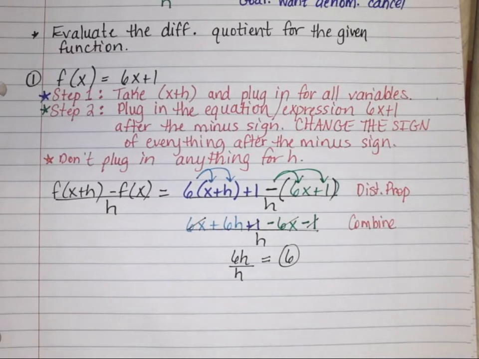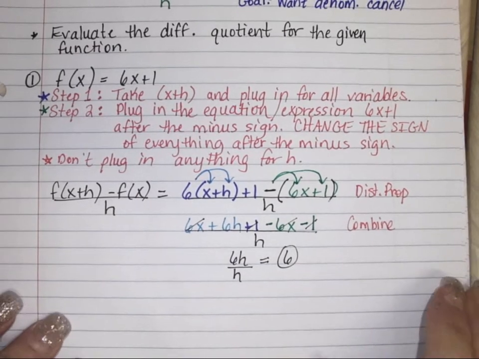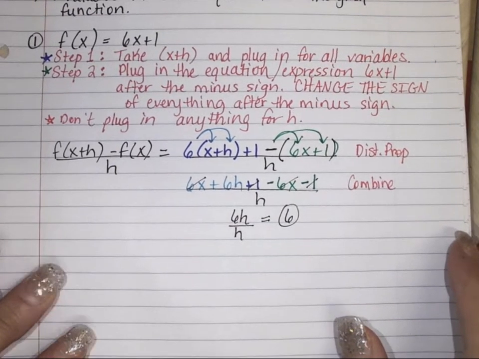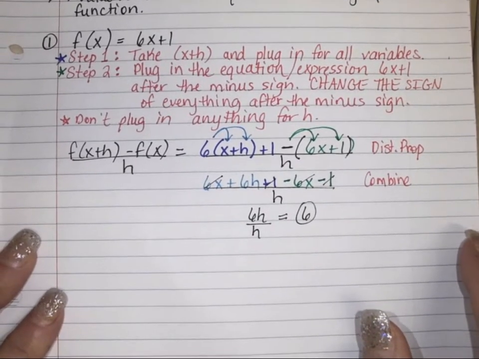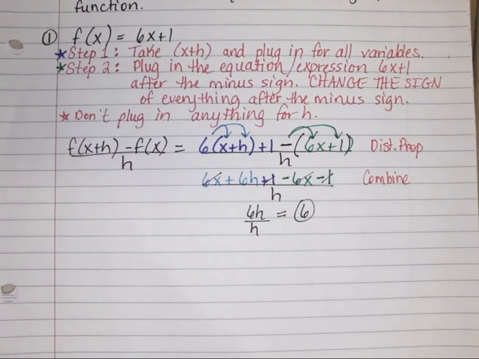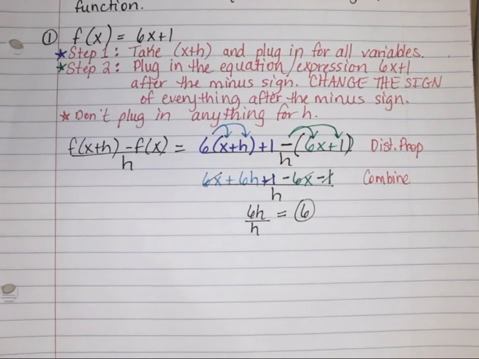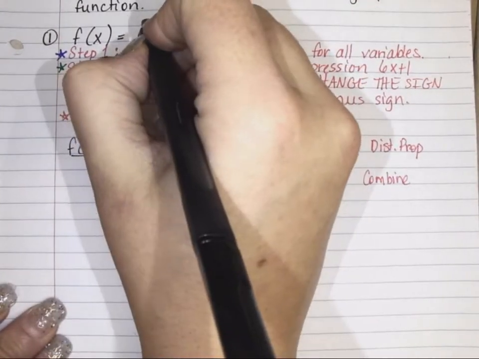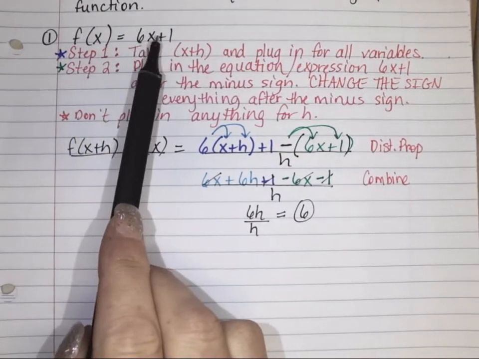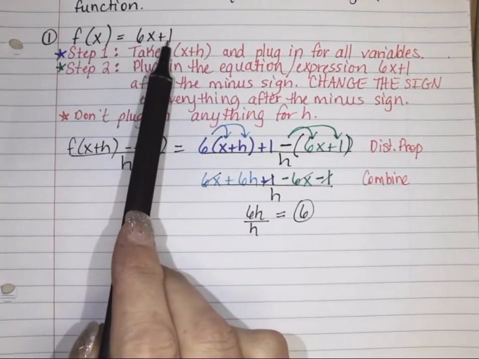I'll be done there in a minute. I'm almost done. But remember the y equals mx plus b? So this one is really easy to tell because this is a linear function.